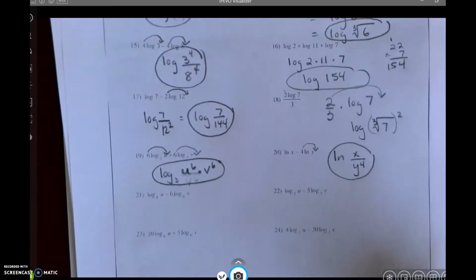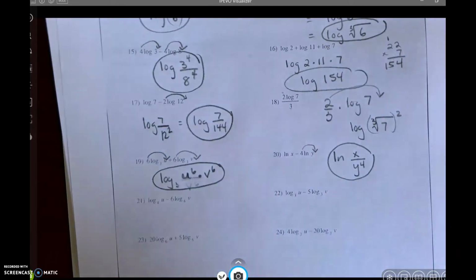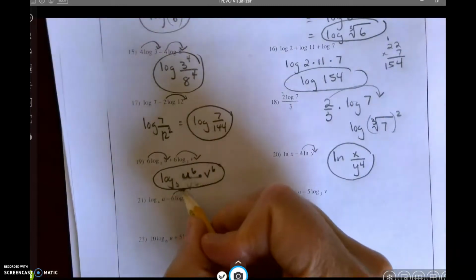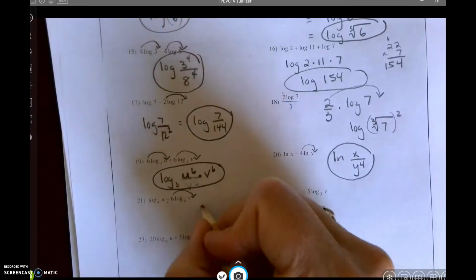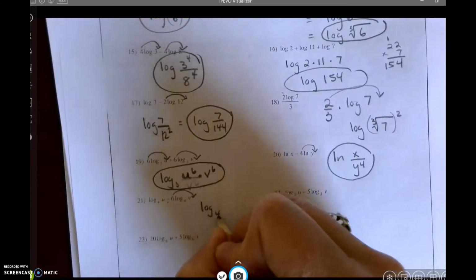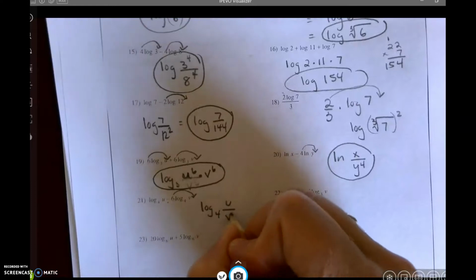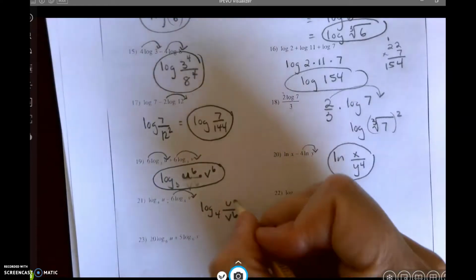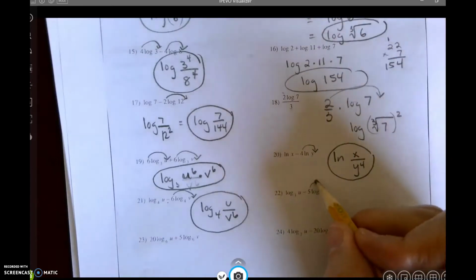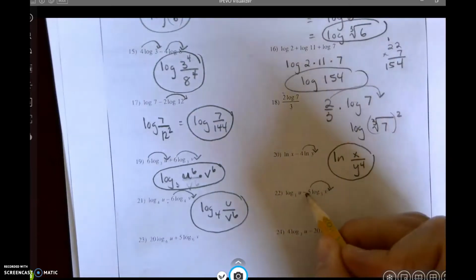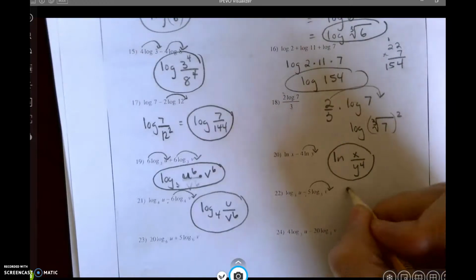Next one, we're almost finished. 21. Let's see, that 6 is going to move to be an exponent. Subtraction is division. Log base 4 of u divided by v to the 6th. This 5 becomes an exponent, and this subtraction becomes division.